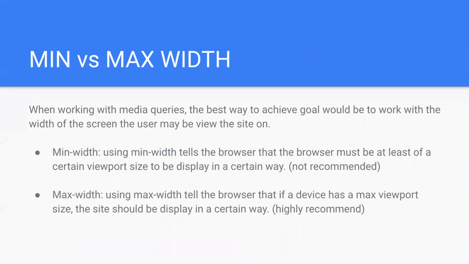Yeah. One thing you need to understand with media queries is it works with minimum and maximum width. All right. So when working with media queries, the best way to achieve your goal would be to work with the width of the screen. A computer does not understand what a phone is or what a tablet is. So how do you tell it what a phone is? You tell it anything below 576 pixels is a phone.